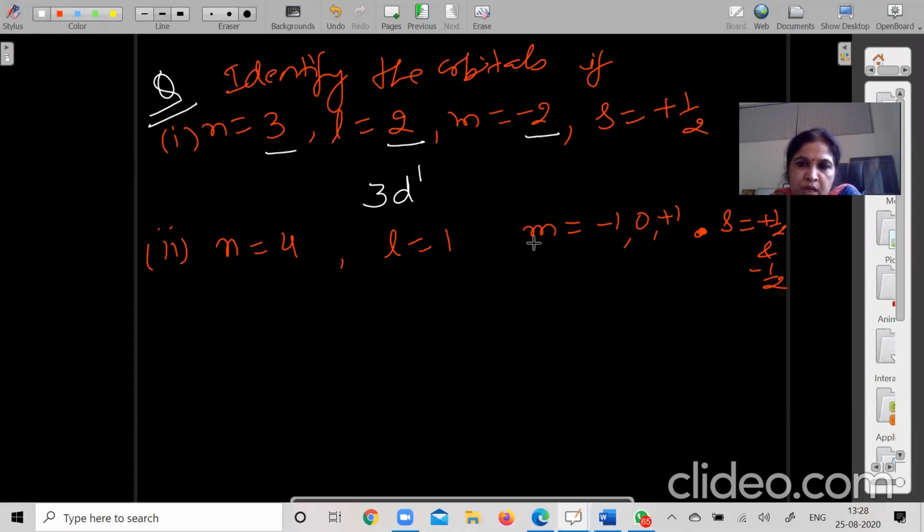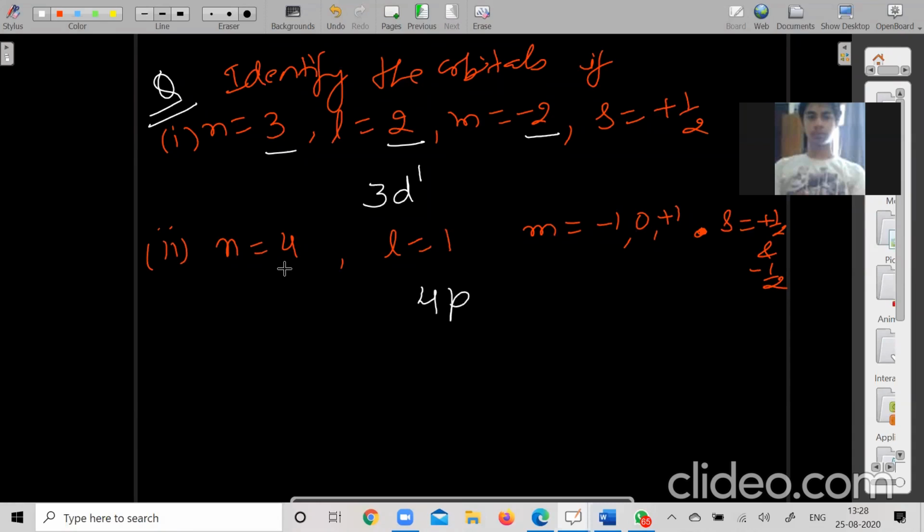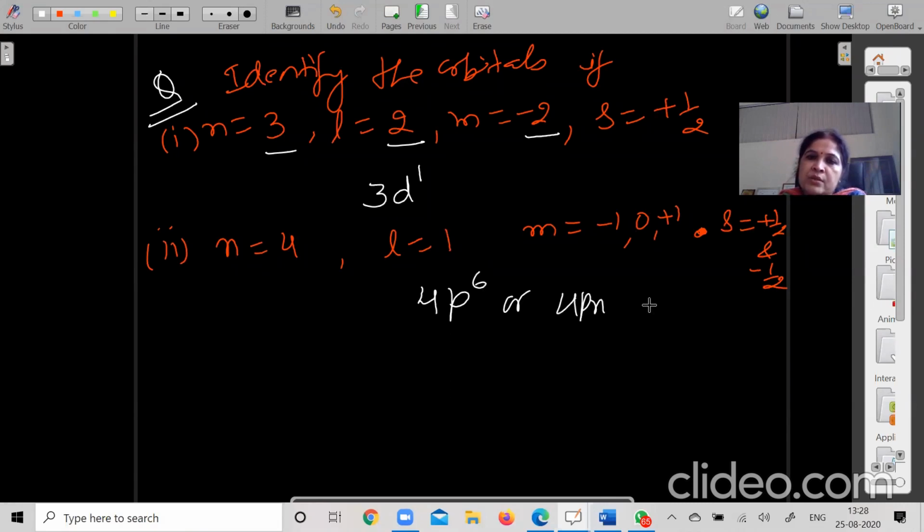Tell me the answer. 4p3. 4 and p I have identified, and we are using all 3 orbitals and all 6 electrons, or we can write 4px, 4py, 4pz. Later we'll discuss how this comes.